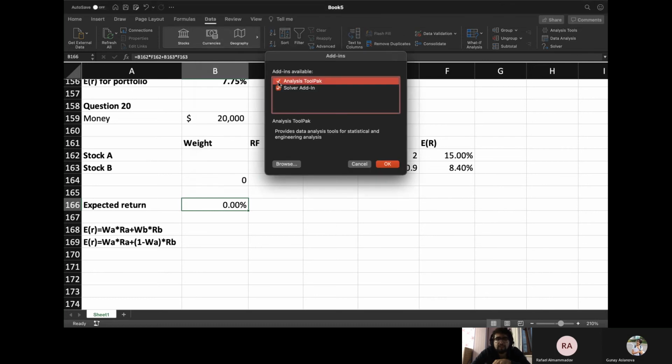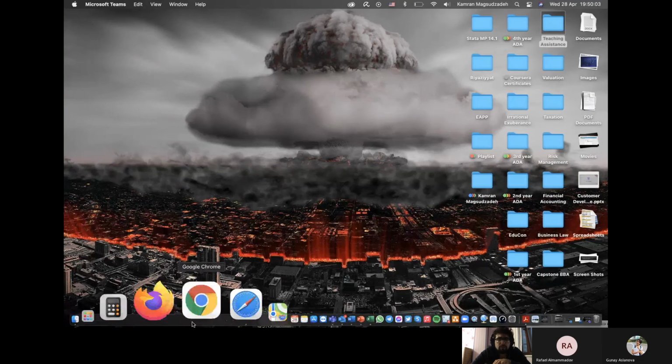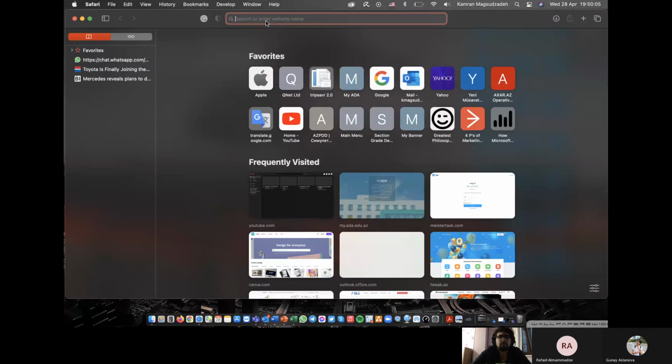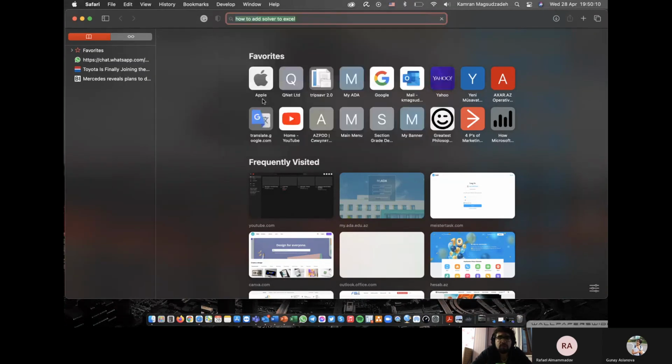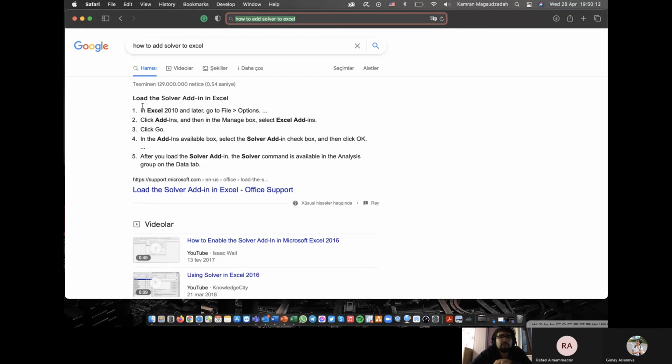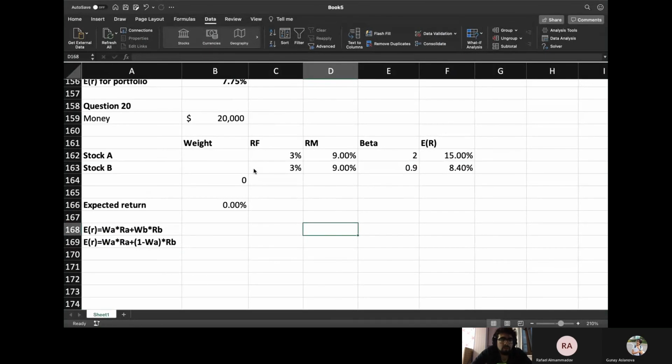It is checked for me, but it should be unchecked for you if you are using it for the first time. Check all of them and click OK. If you are using Windows, let me see how to add Solver to Excel. It shows the steps on Windows, so do it like that. Anyway, I have Solver here.